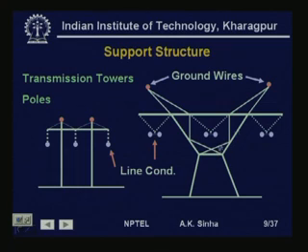What happens is, since these are at the top, the lightning will normally strike these ground wires, and these wires are grounded at the tower footing with low resistance. Therefore, when lightning strikes, it harmlessly flows to the ground without affecting or damaging the phase conductors at all.